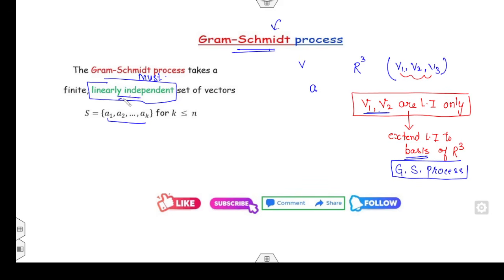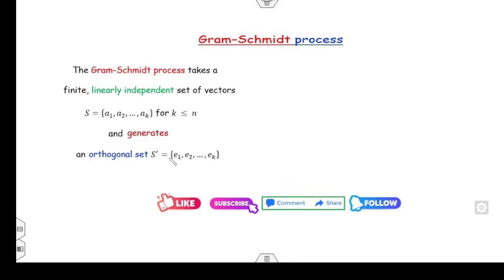Once you identify the linearly independent vectors, we can convert the given linearly independent vectors to orthogonal vectors, which I call E1, E2, ..., Ek.